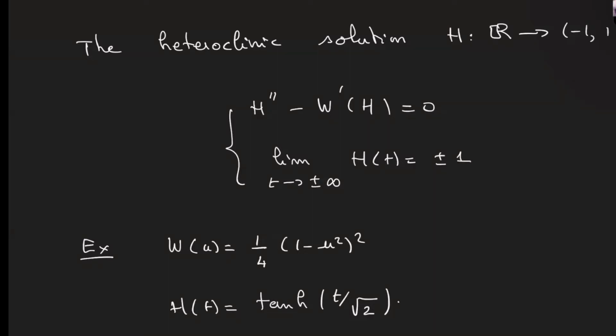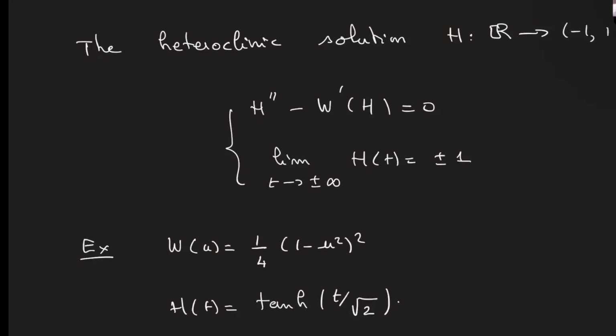And to build this approximate solution, what you do is you start with an entire solution of the Allen-Cahn equation in dimension 1. So in dimension 1, this is just an ODE you have to solve, and you're looking at a function h whose second derivative is equal to the derivative of w applied to h.